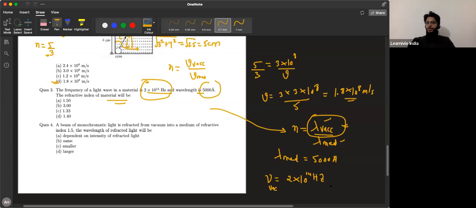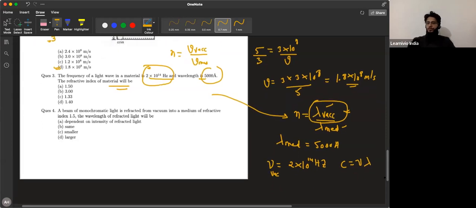Once you have frequency, you can use the fact that speed of light is frequency into wavelength. So wavelength will be speed of light divided by frequency. Speed of light in vacuum is 3 into 10 raised to power 8. Frequency is 2 into 10 raised to power 14. So it comes out to be 1.5 into 10 raised to power 8 minus 14, which is minus 6.